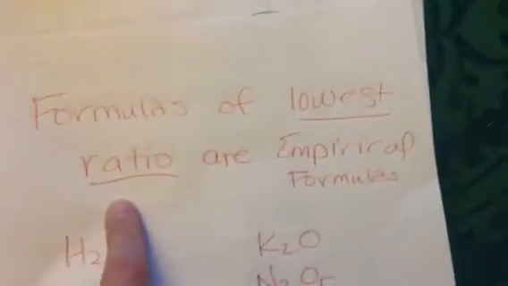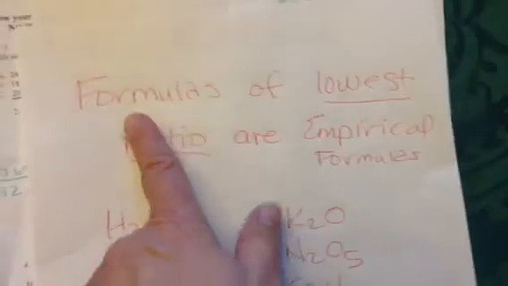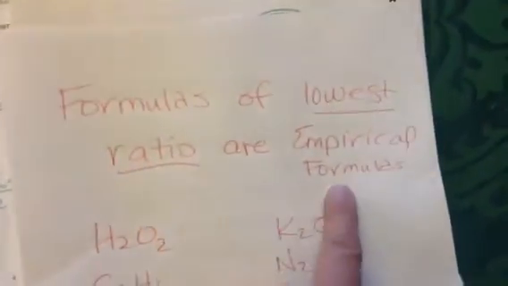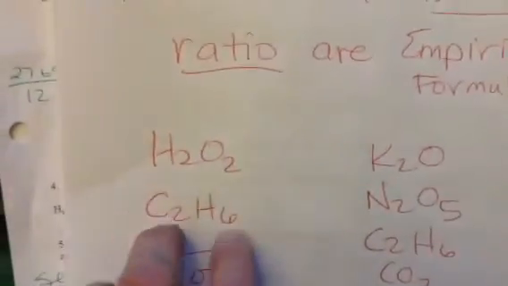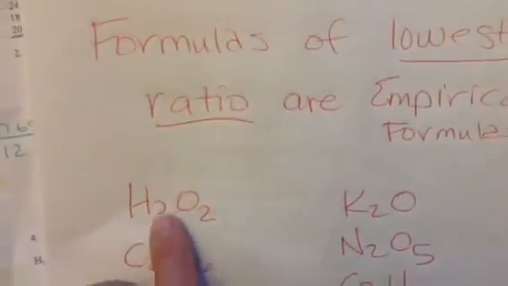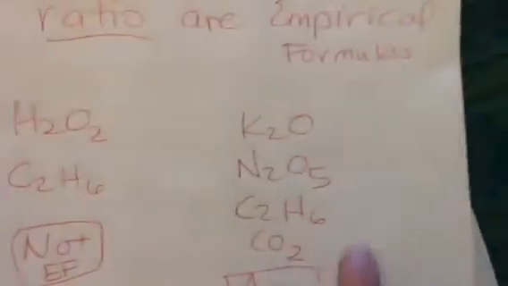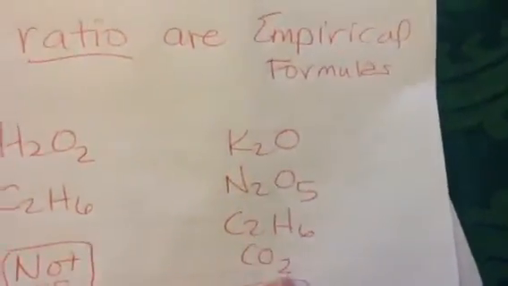Okay? So empirical formulas, let's look at what I have here. The formulas of lowest ratio are empirical. So if you look at all these examples, these two you can break down and reduce the 2 and the 2 and the 2 and the 6, so they're not empirical. But the other 4 you can't reduce down.